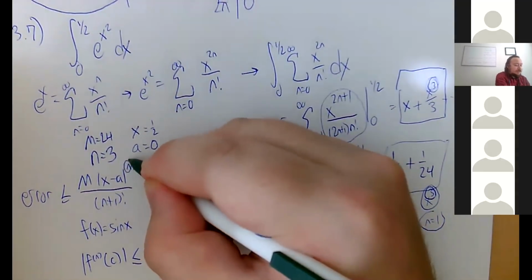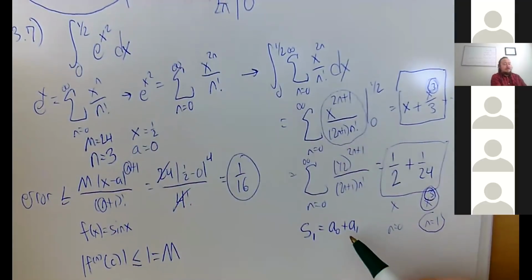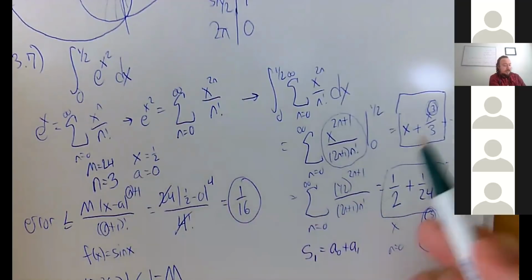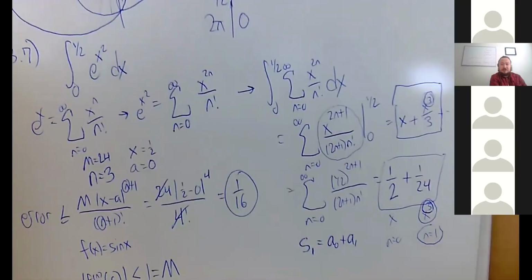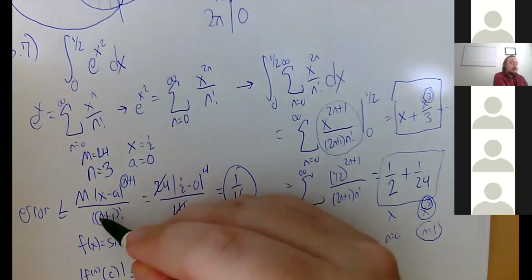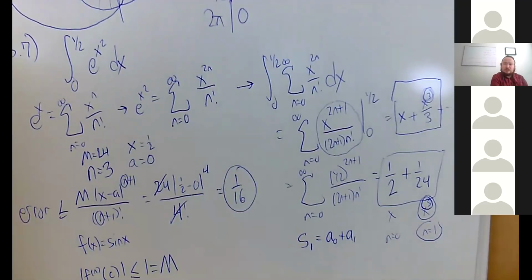But the n in this formula isn't the n for the partial sum. This is the n for the degree of the approximation. So this n and this n might be different. The nth degree Taylor polynomial, that'll be this n. Okay, so that's basically the degree of the series? That's right, yeah. So not the partial sum, the degree of the series. That's right. Okay, I'm just making sure, thank you.